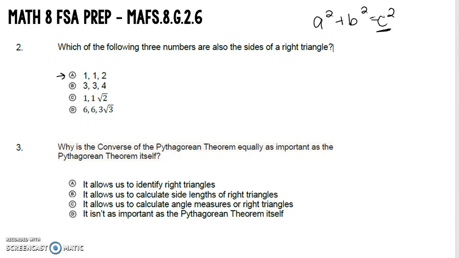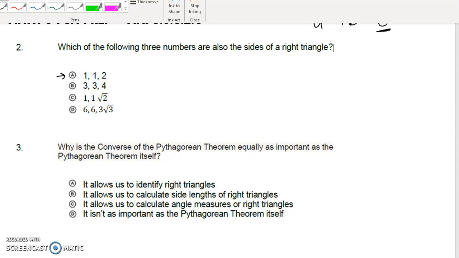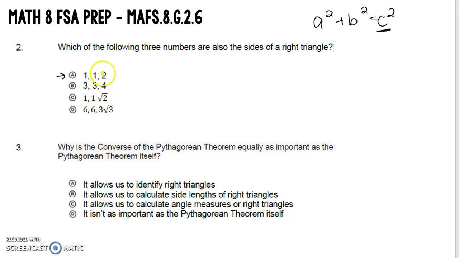Your c value, grab a highlighter here, is always going to be the largest number. Out of that set, 2 would be the largest. Out of this set, 4 would be the largest. The square root of 2 would be the largest. And then here, 3 square root of 3.